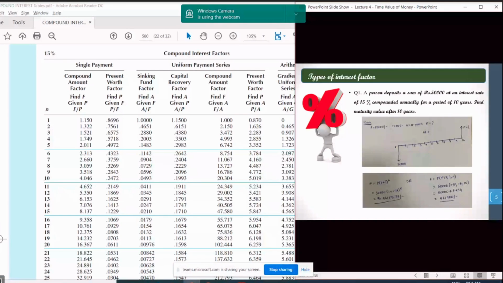So F divided by P, where F is the numerator and P is the denominator. The factor which we want to calculate will always be on the numerator.